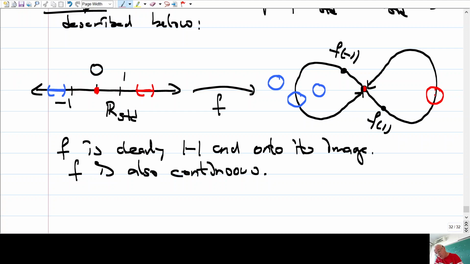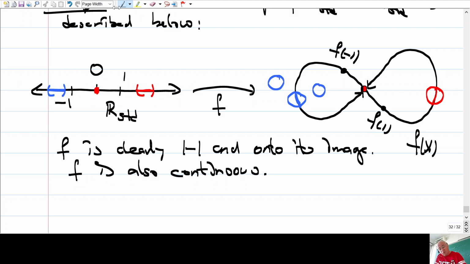Here, this open ball intersected with the image is this set. So this is my f of x, considered as a subspace of R2 with the standard topology. So these are open sets.